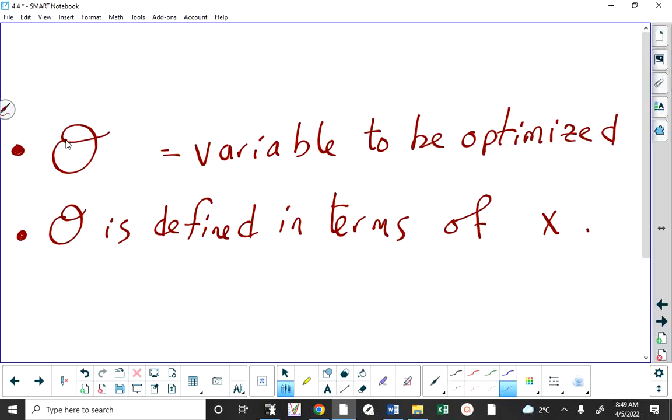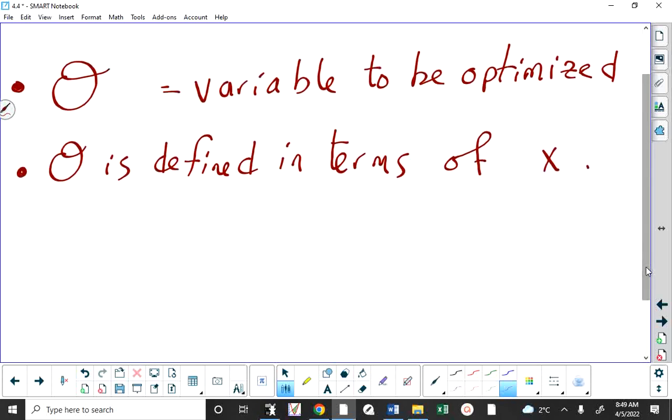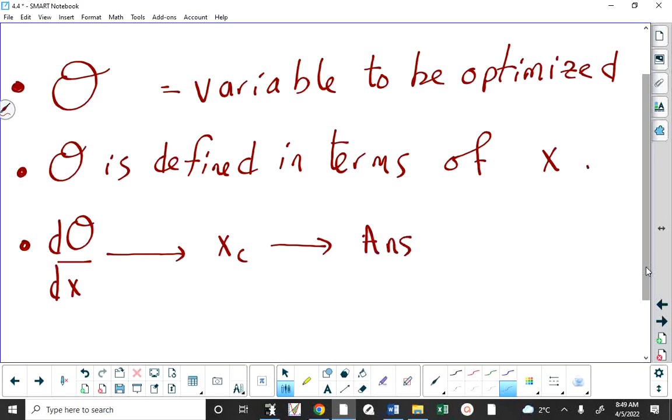So if you define O to be the variable to be optimized, and if you define O in terms of X, and only in terms of X, not in terms of some other variable or multiple variables, then dO/dx leads you to the critical values of X, which lead you to the answer to the problem.